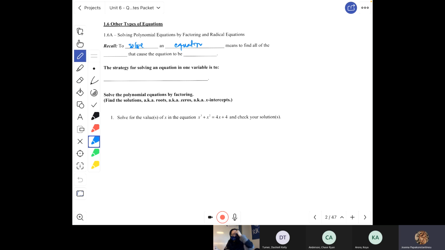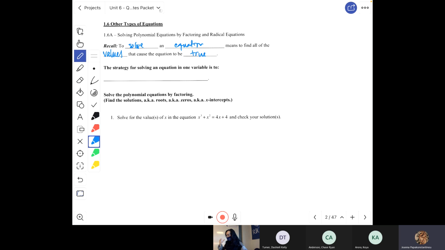what we are really trying to do is find all of the values of the variable that cause the equation to be true. So in other words, we have an equation, we see an equal sign, and we're trying to solve for the value of the variable. Right now it'll be one variable.